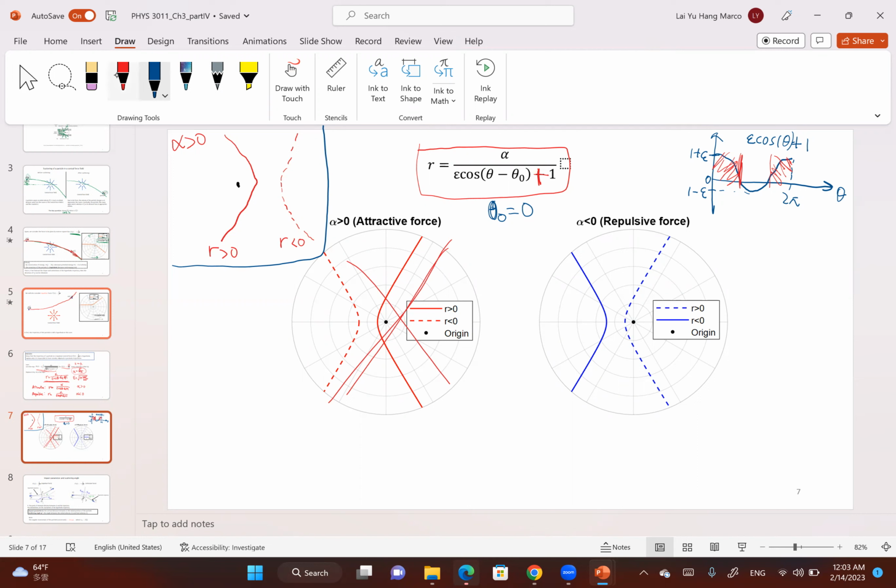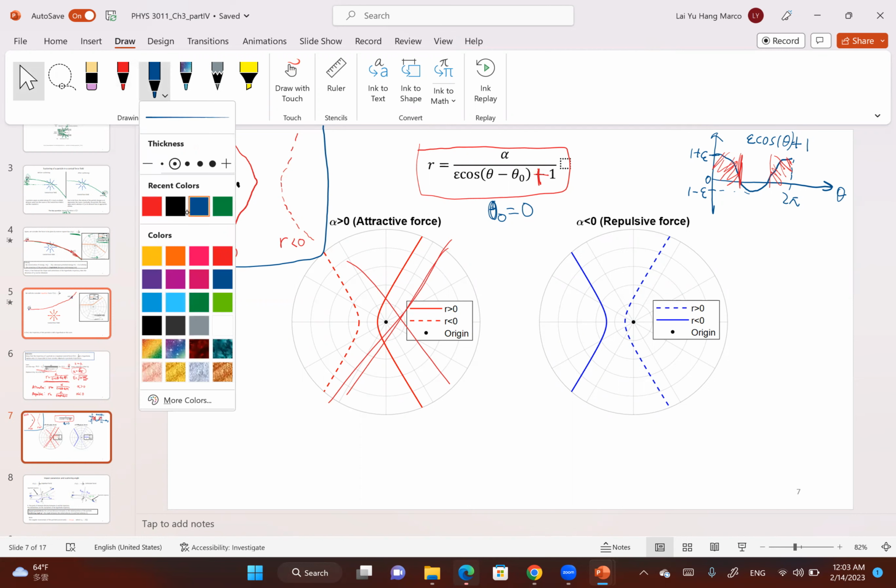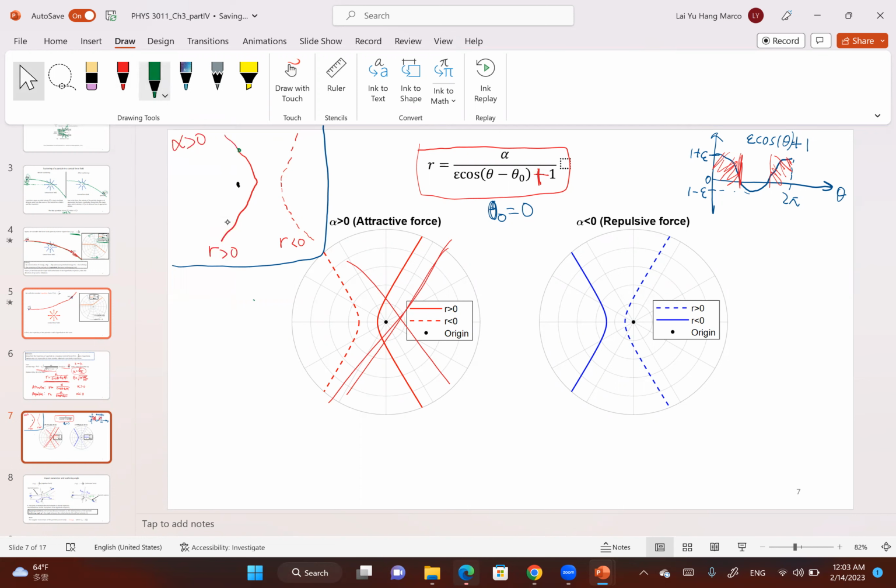For any point on the hyperbola, that is the coordinate R, theta, with R this distance and theta this angle.